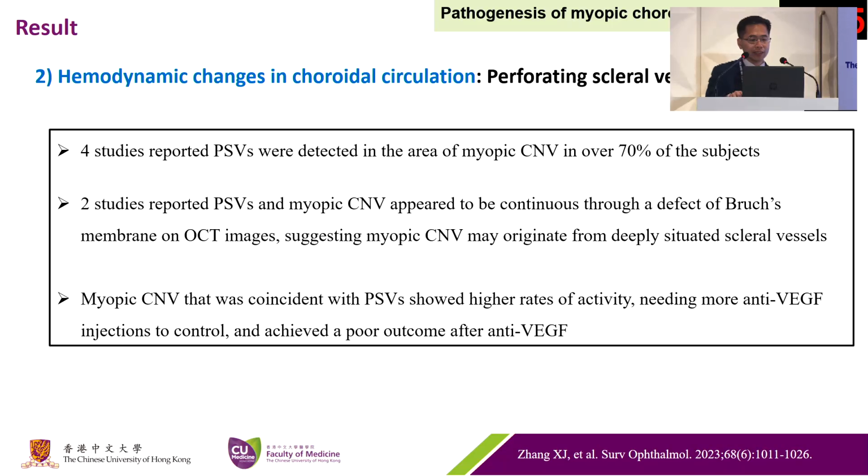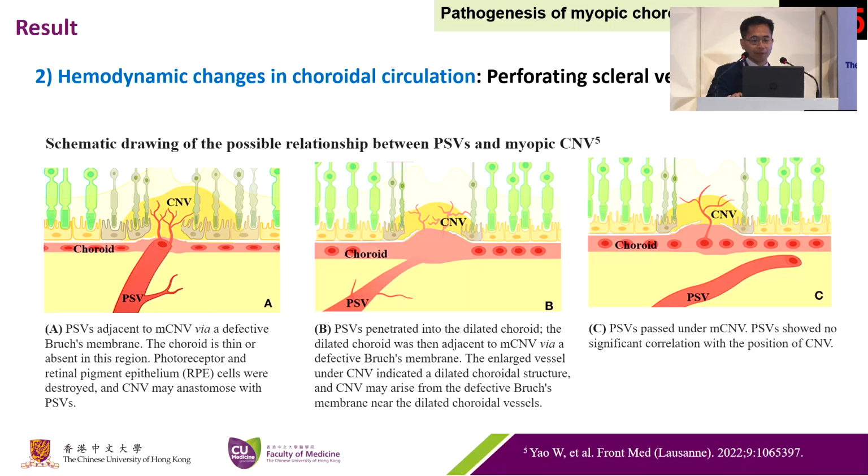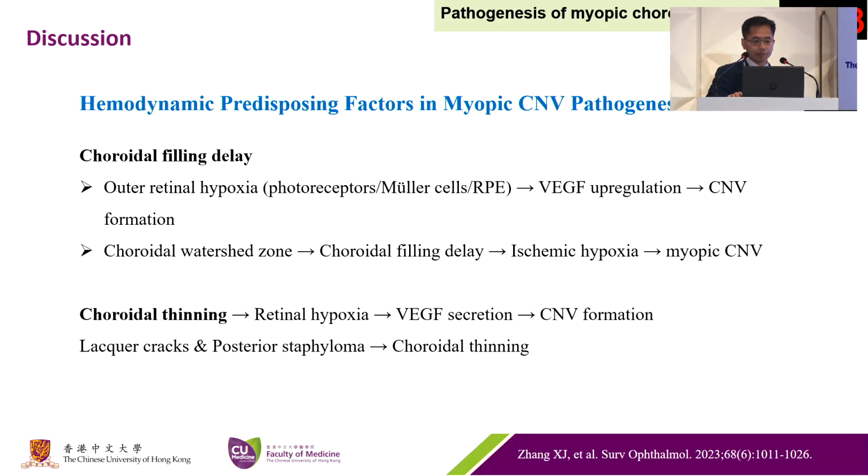Cases with PSV can show a higher rate of activity and a poorer response to anti-VEGF injection. Here we show different relationships between the PSV and the CNV: some are fitting into the CNV, some are connecting, and some are passing underneath the CNV.